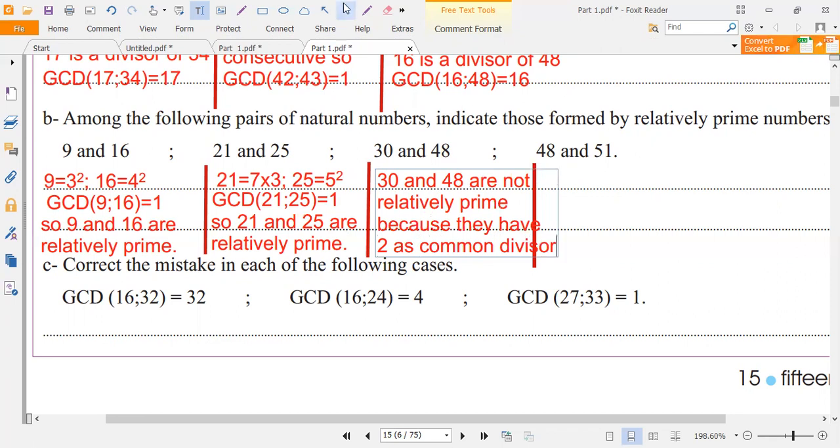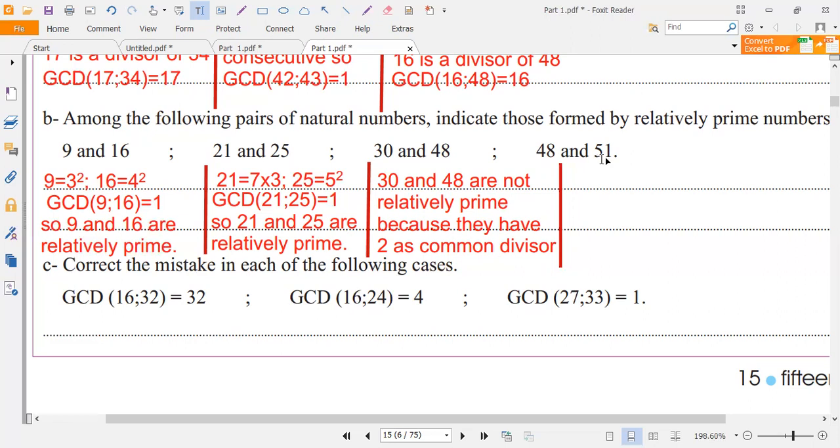Now let's look at 48 and 51. Are they consecutive? No, they are not consecutive. Before we find the GCD, can we see if they have a common divisor? Sure, it is not 2. They don't have 2 as a common divisor. But if we add the digits here, 4 plus 8, we get 12. So this number is divisible by 3, because 12 is a multiple of 3. And if we add 5 and 1, we get 6, and 6 is a multiple of 3.